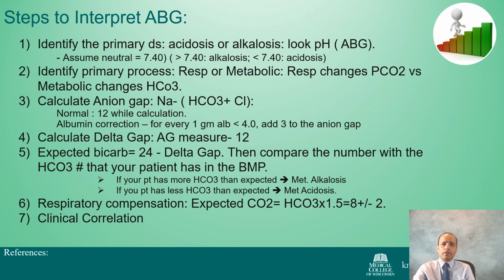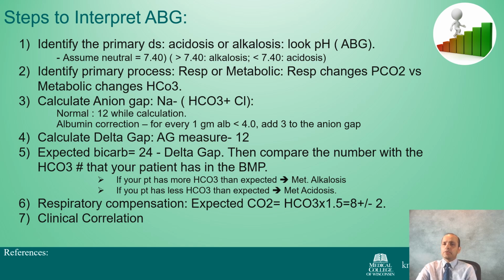You calculate that number, and then you look at whether it corresponds with the patient's bicarbonate number. If your patient has more bicarbonate than expected, that means the patient has an additional metabolic disorder, which is metabolic alkalosis. And if your patient has less bicarbonate than expected, the patient has an additional metabolic acidosis.